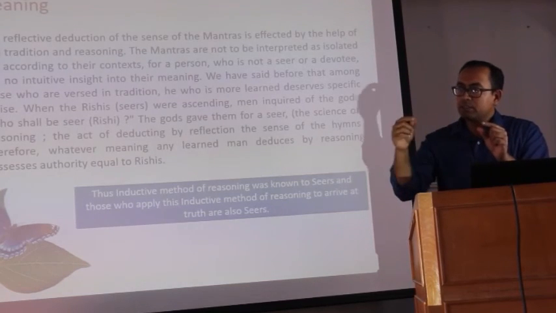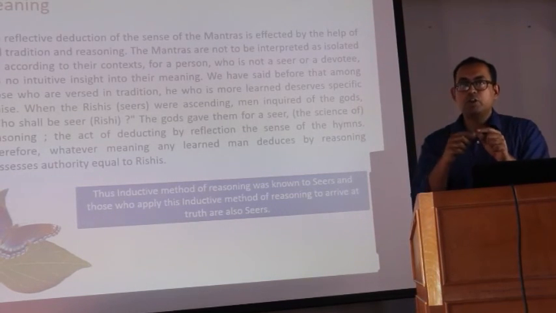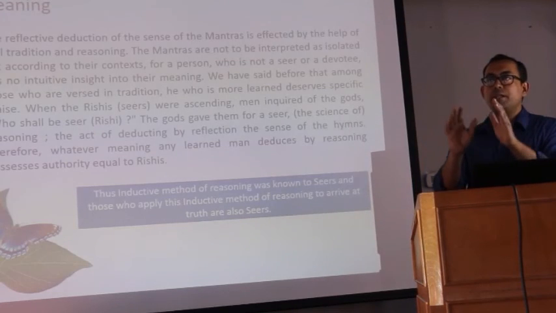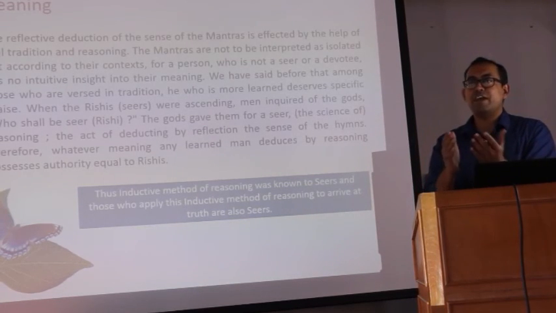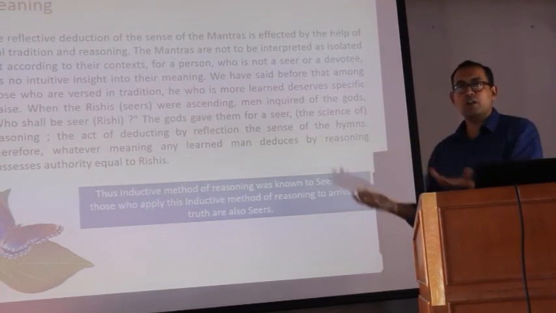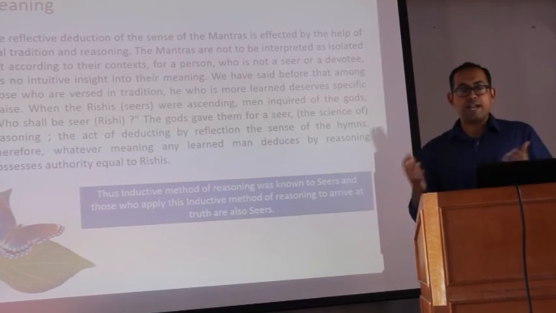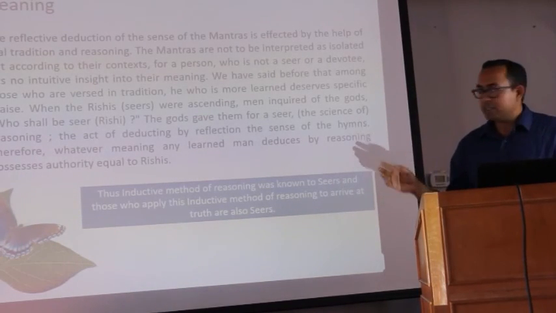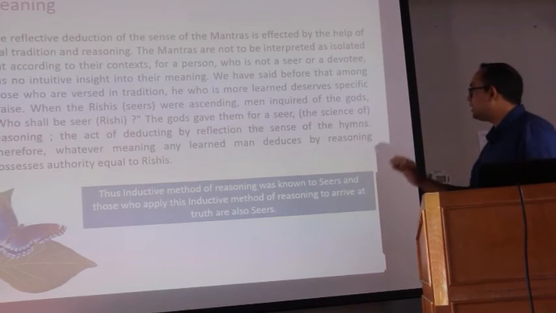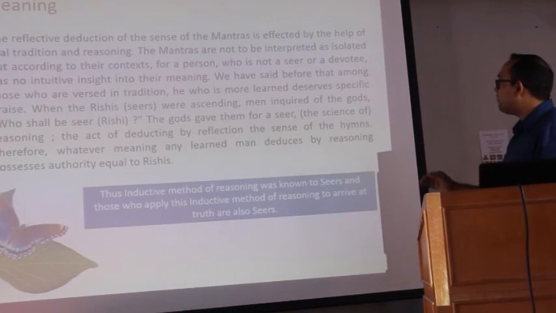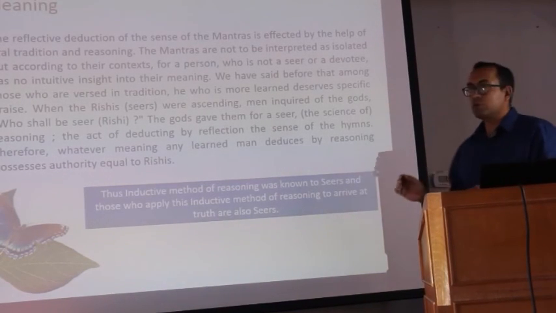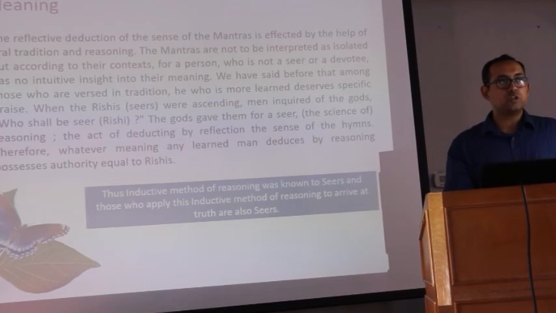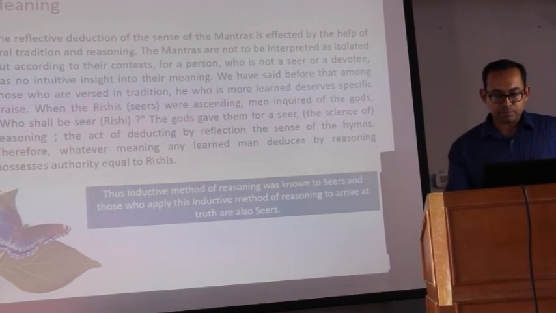Read every sentence. Does it abide? No. You will find out there will be nothing left in those books. Finally, you will be an enlightened soul who will know how to find right and wrong. So, the deductive method of reasoning was known to seers, and those who apply this inductive method of reasoning to arrive at truth are also seers. So, you all are equivalent to sages.